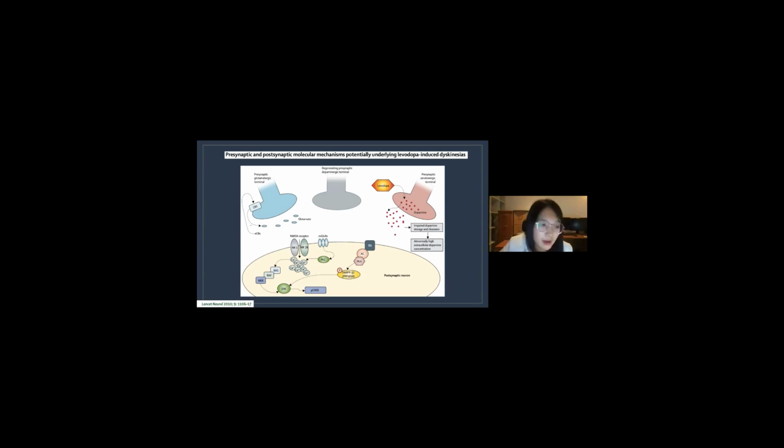At the presynaptic level, the storage and clearance of striatal dopamine are greatly reduced after severe nigrostriatal degeneration, which might be comparable to that in patients with advanced PD. The degeneration of dopaminergic terminal increases the role of serotonergic terminal in mediating levodopa conversion to dopamine.